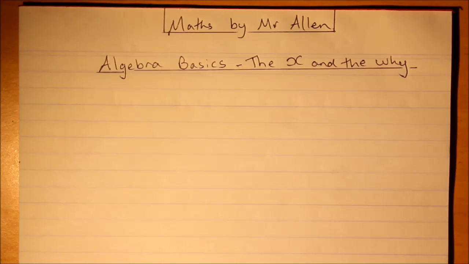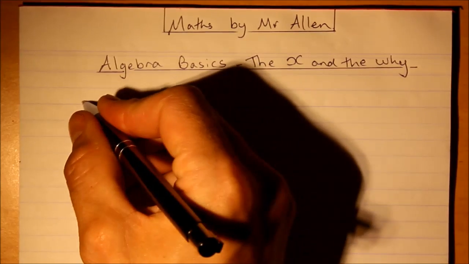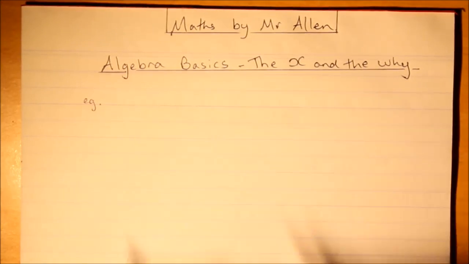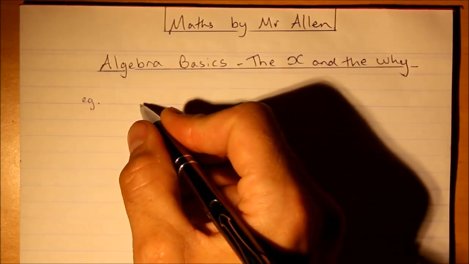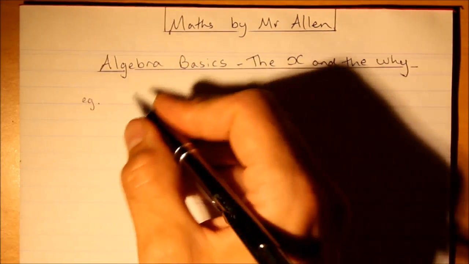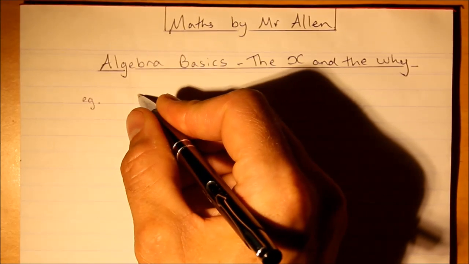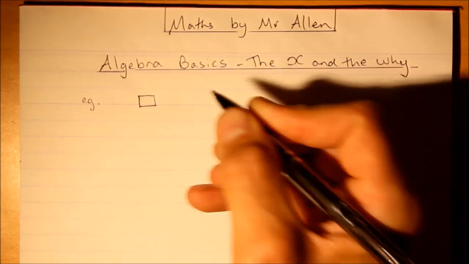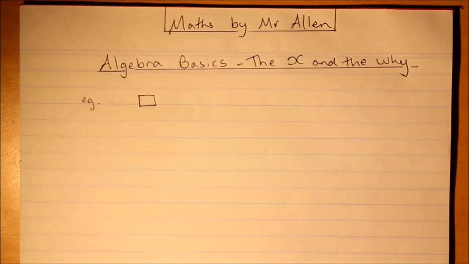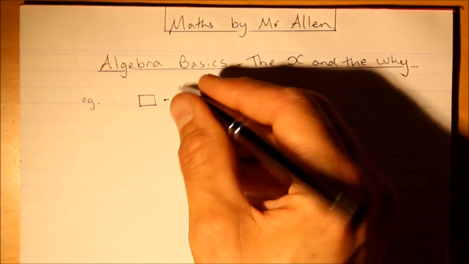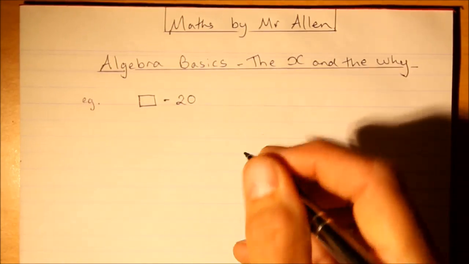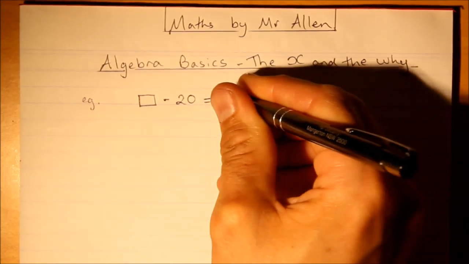Now, a simple way to look at this is to think of an example where you may have some amount of money. Now, you might have seen a box like this previously. Some amount, a number, goes into this box, and so some amount of money, you give away $20 and you're left with 10.